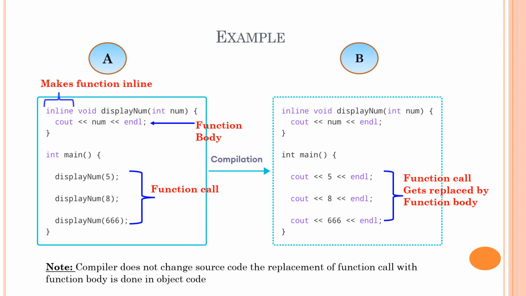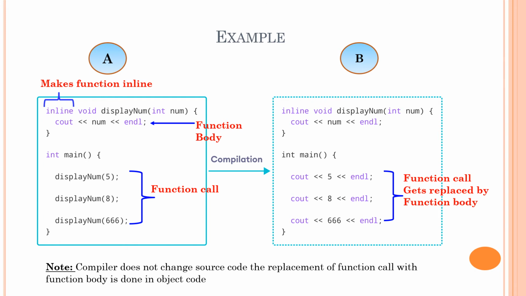Now when this program is compiled, as shown in image A, the compiler replaces the function call with the function body. So image A gets converted into image B after compilation.